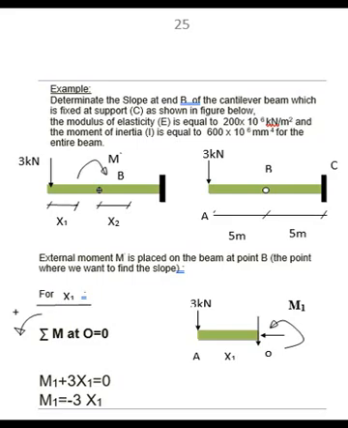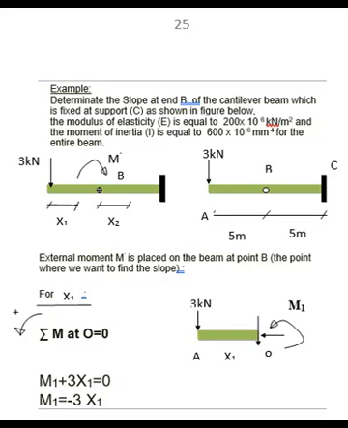Two sections will be taken on this beam. First, the section x1 from the load 3 kilonewton to the point O. Then the section x2 where the moment will change, from the point B to the point O as below.